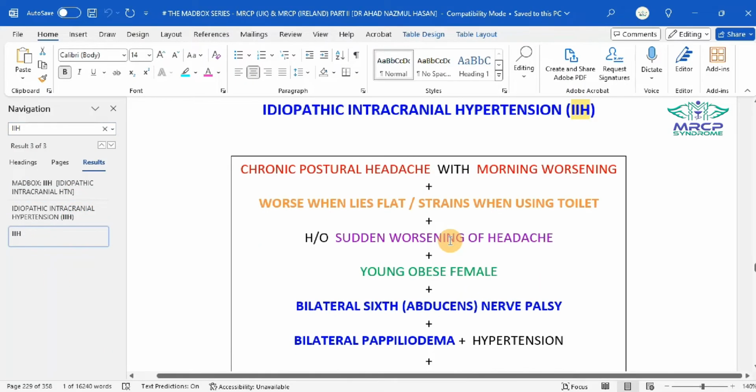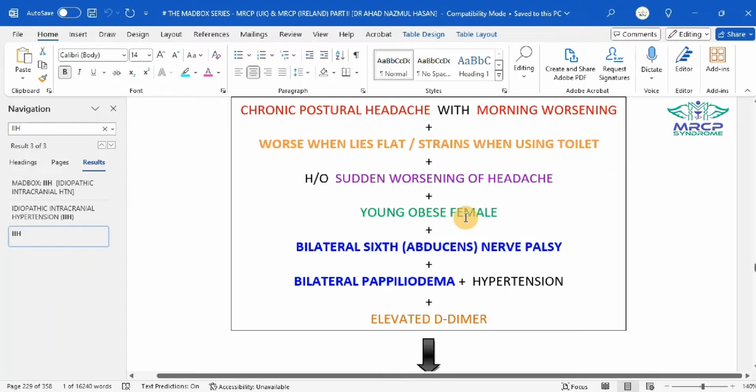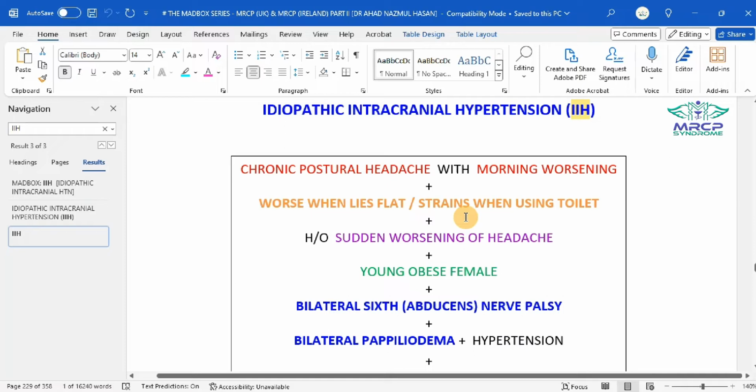This is most commonly seen in young females with or without a history of taking some drugs like tetracycline, and there would be a history of chronic postural headache with morning worsening, which is often worsened when the patient lies flat or strains when using the toilet.